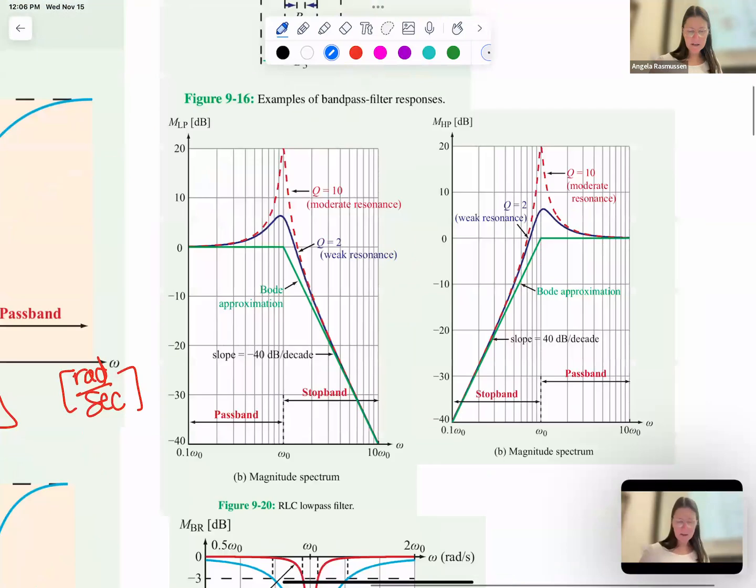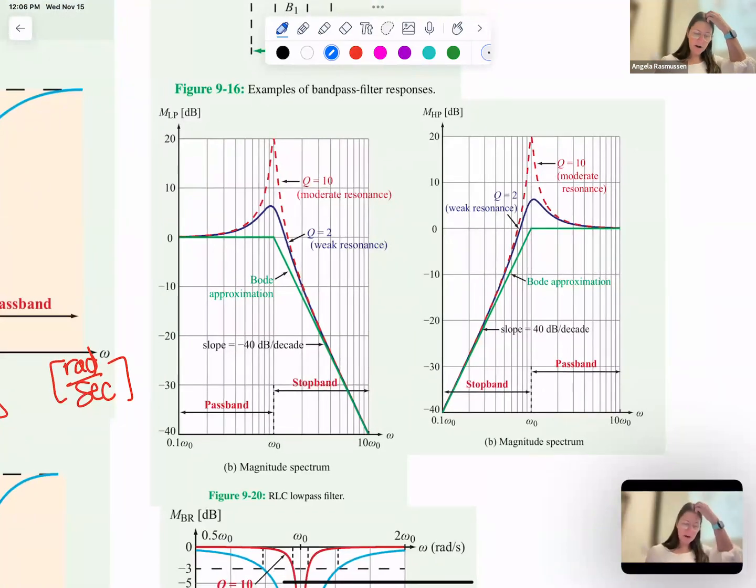And then for a low pass filter, you can again get this Q range where you have some resonance going on, and you can see in the blue line there's a little bit of a peak. For Q of 10, the higher the Q, the higher the selectivity at that one location.